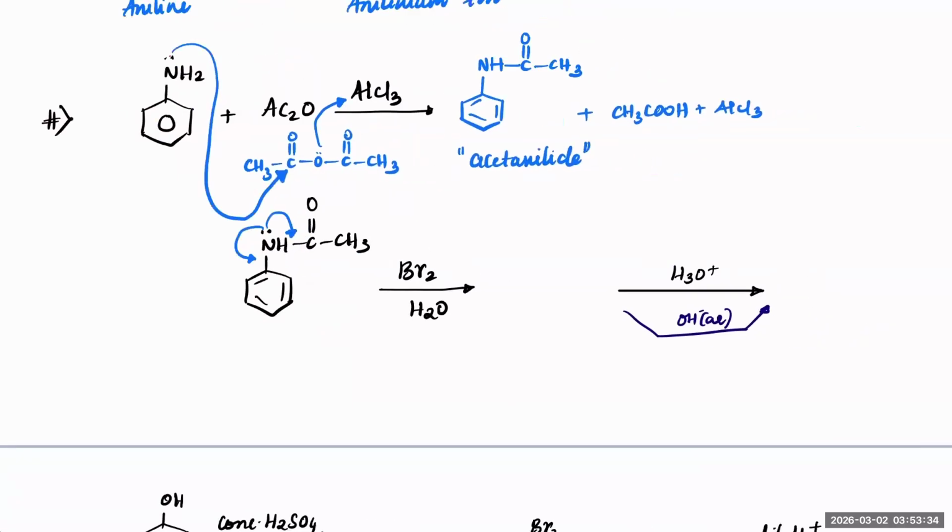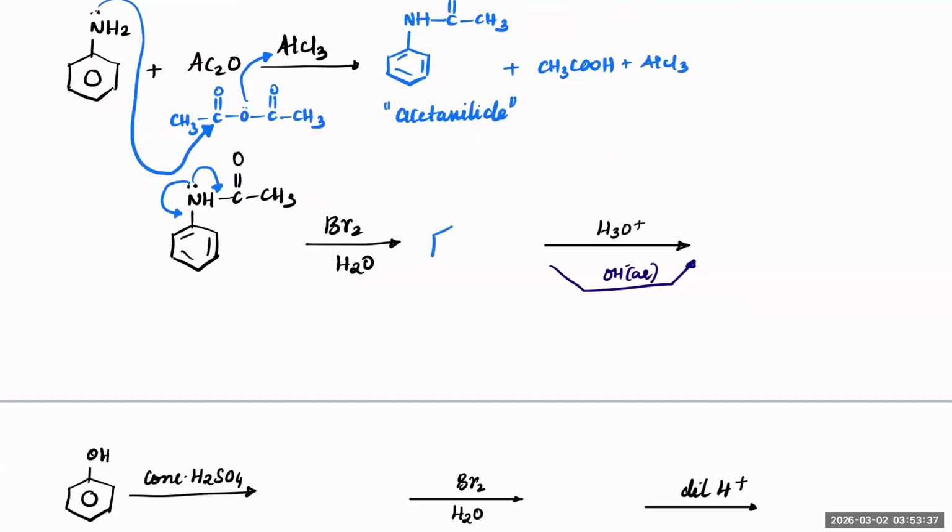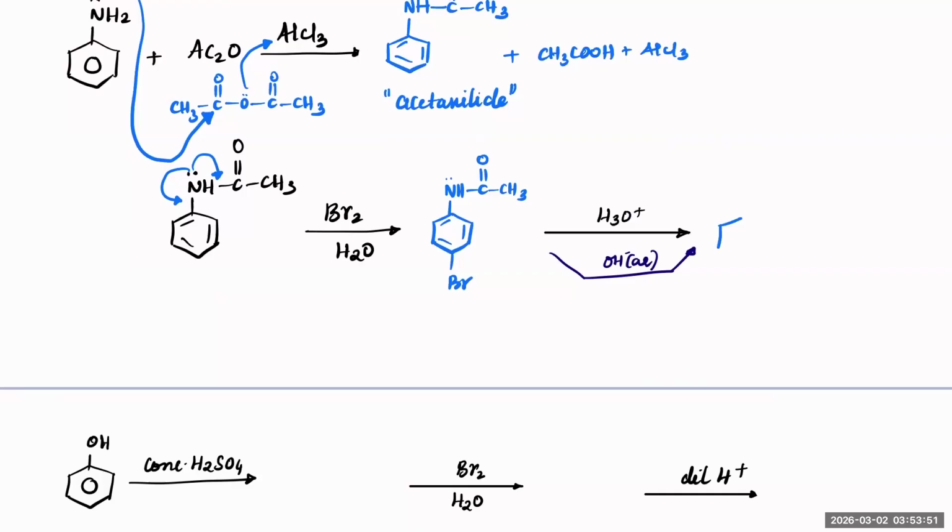You know that moderately activating groups will not make bromine attach at all the positions. Hence, you will get NH C double bond O CH3 with bromine coming at the para position here. And thereafter, if you hydrolyze it, amides on hydrolysis will convert back into amine with Br, and the CH3COOH has been gone. Okay.